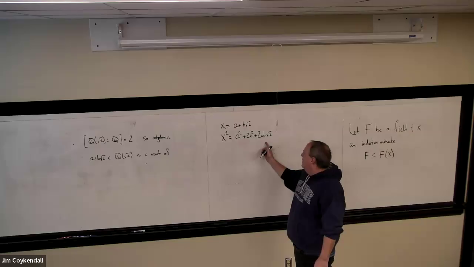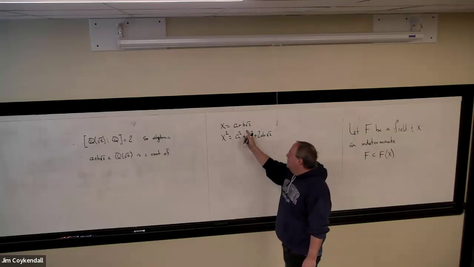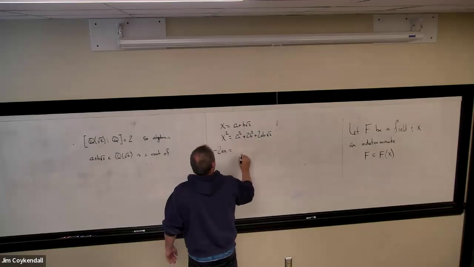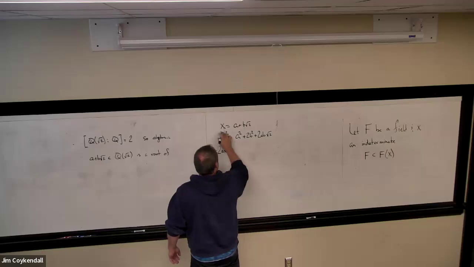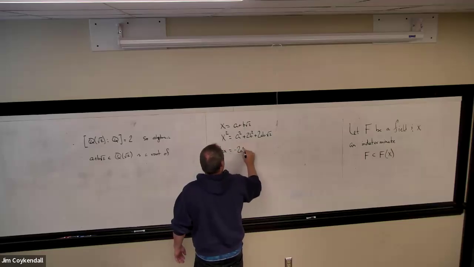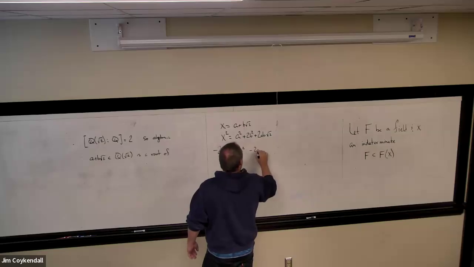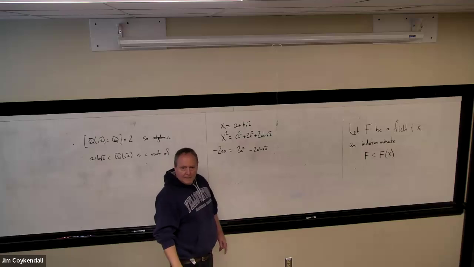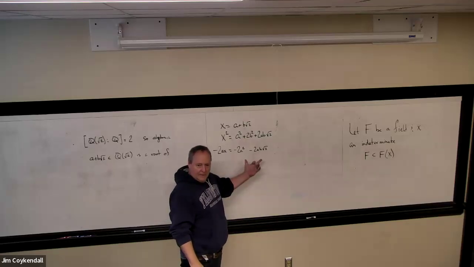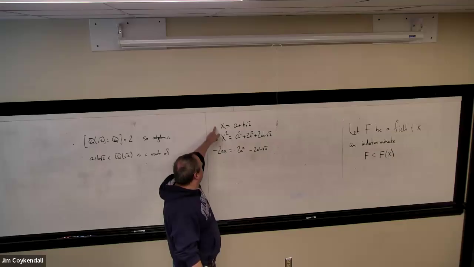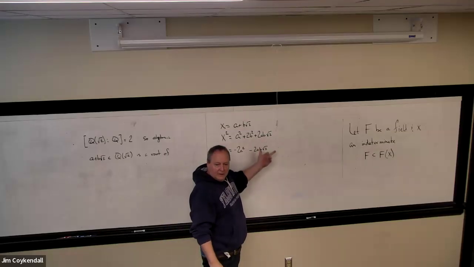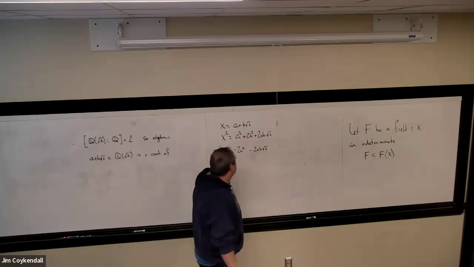The first thing is I want to get rid of this radical 2, right? So notice if I multiply, this is going to be minus 2a squared minus 2ab radical 2. Anybody agree with that? The reason I multiply this by minus 2a is I'm just trying to kill this thing that's got that radical 2 in it. That's my goal.